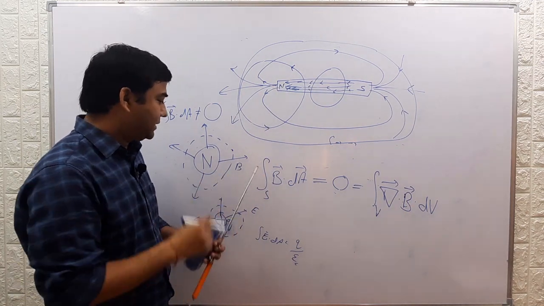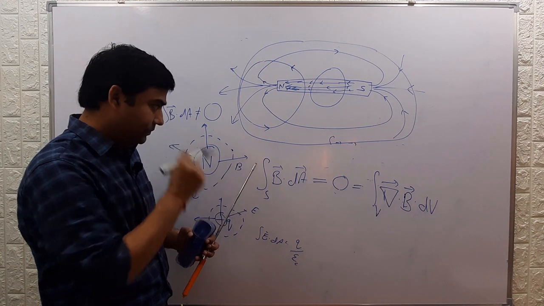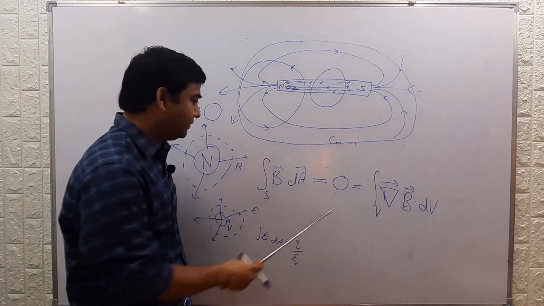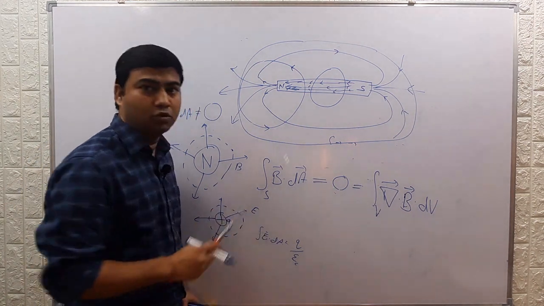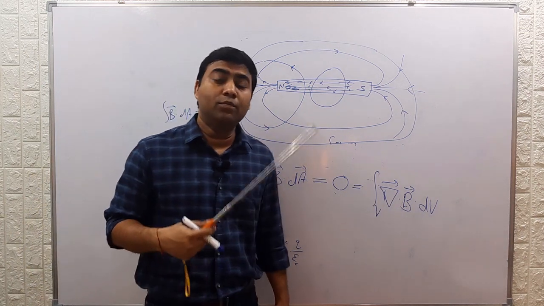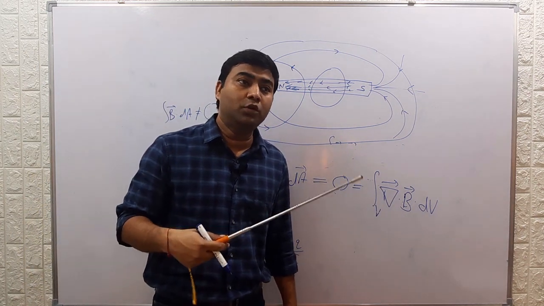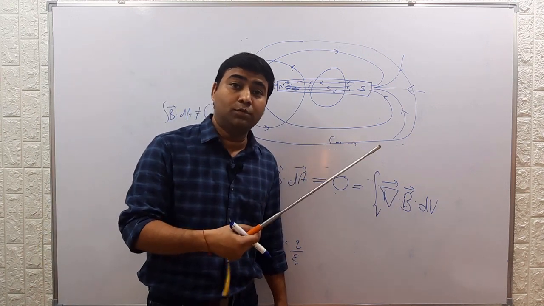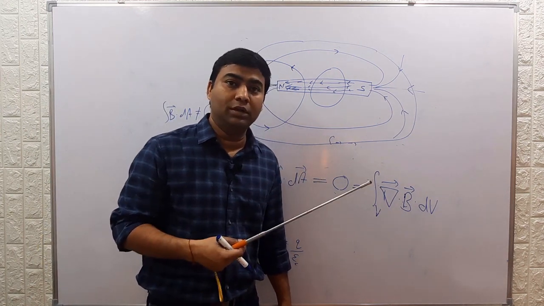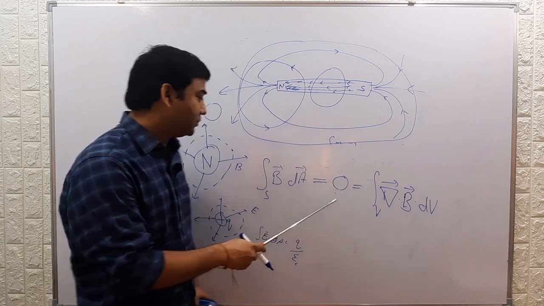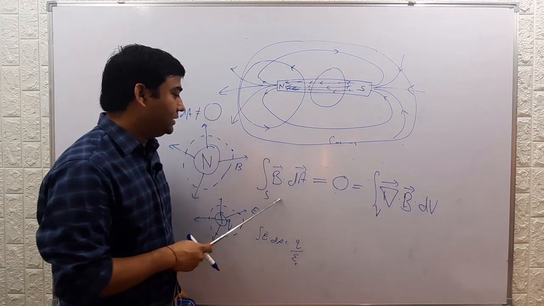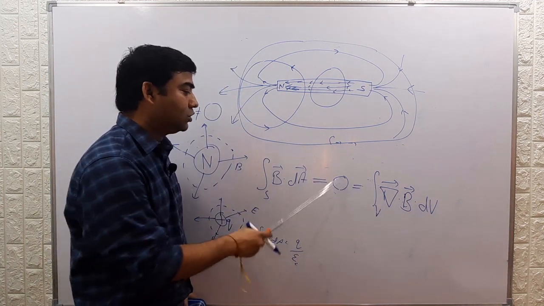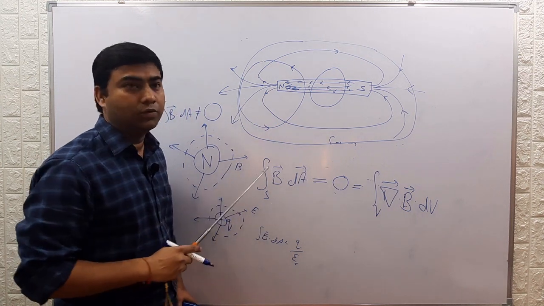So this says that as magnetic flux through any Gaussian surface is 0, a single monopole doesn't exist. A single magnetic pole, that is only north pole or only south pole, will never exist. That's why magnetic flux through any Gaussian surface is always 0.